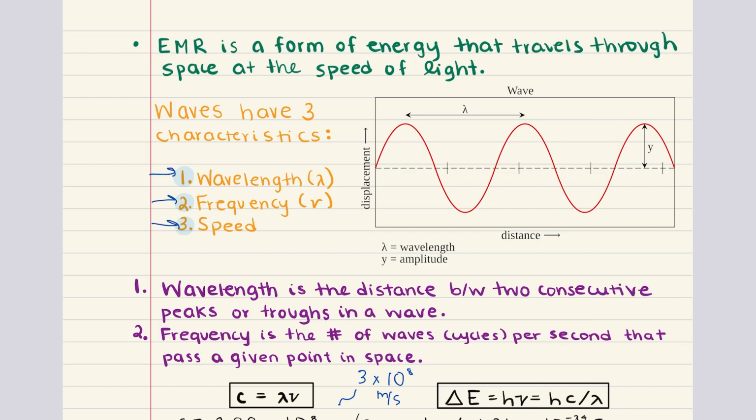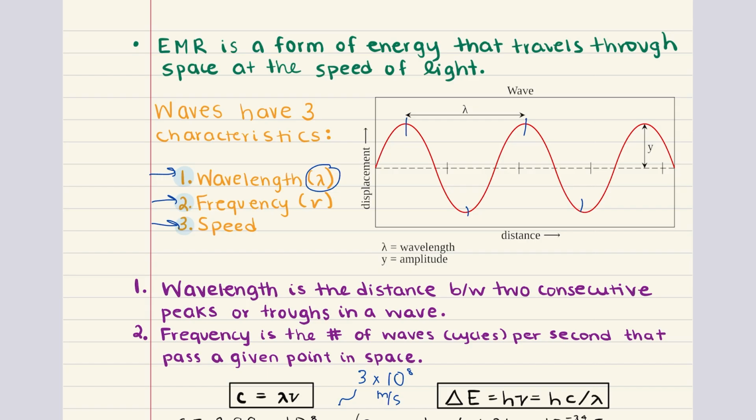Let's go through each of these step by step. Wavelength, represented by the Greek letter lambda, is the distance between 2 consecutive peaks or 2 consecutive troughs in a wave. So you can think of it as the length of one complete wave cycle.